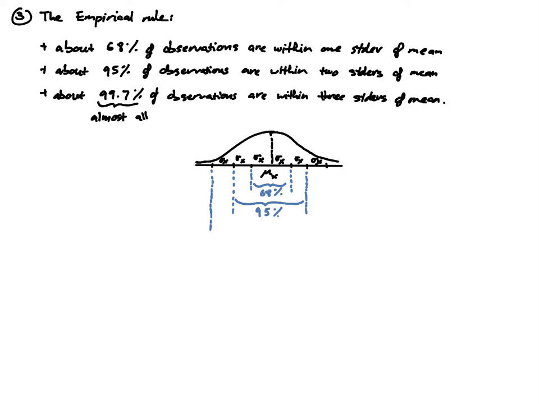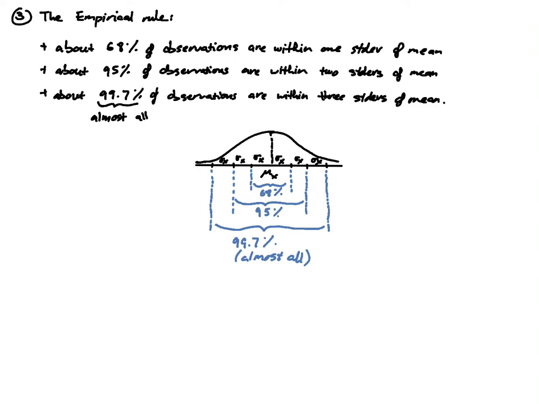And the interval three standard deviations away from the mean contains 99.7%, or almost all of the observations.